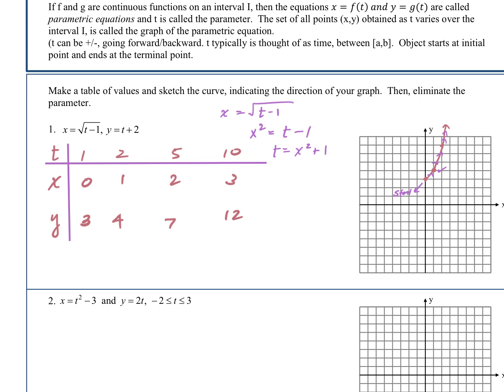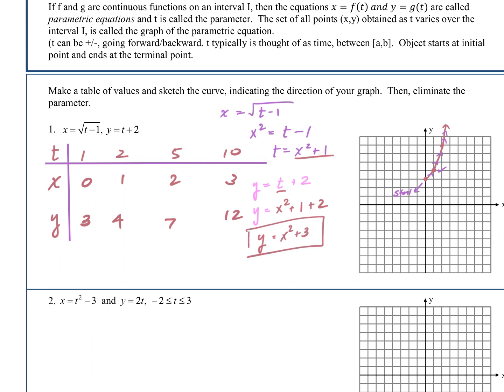Now I can plug in for t into the other equation. We know that y is equal to t plus 2, but we know that t is equal to x squared plus 1. So plugging that in, x squared plus 1 plus 2, we get y equals x squared plus 3.